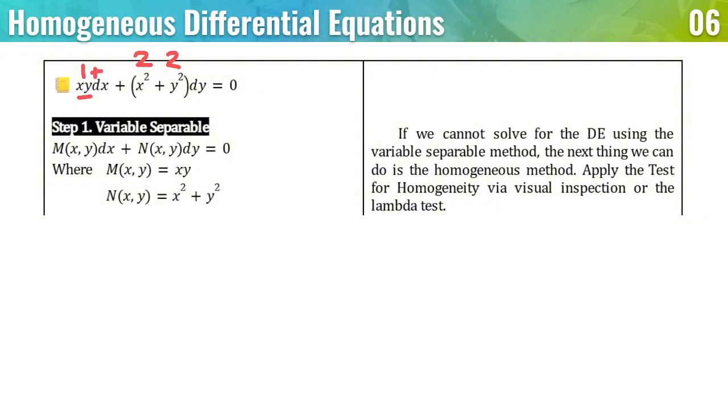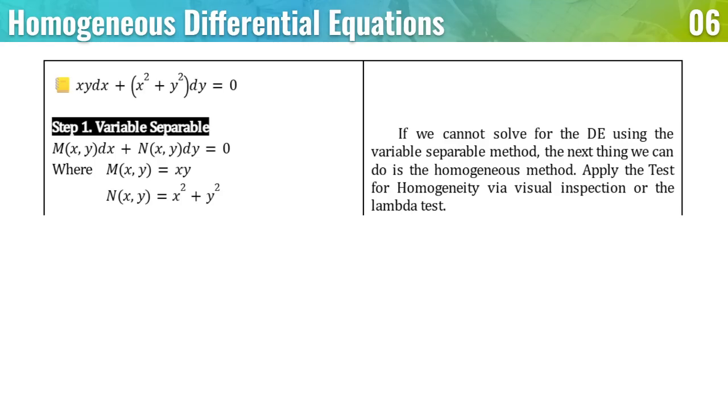So if you do 1 plus 1 is equal to 2. So with all the terms having an equal exponent, we could say that they are homogeneous. For the lambda test, it's about replacing x and y with lambda x and lambda y, and then factoring out the lambda. So basically, you're just counting the exponents and seeing if all the terms have them.